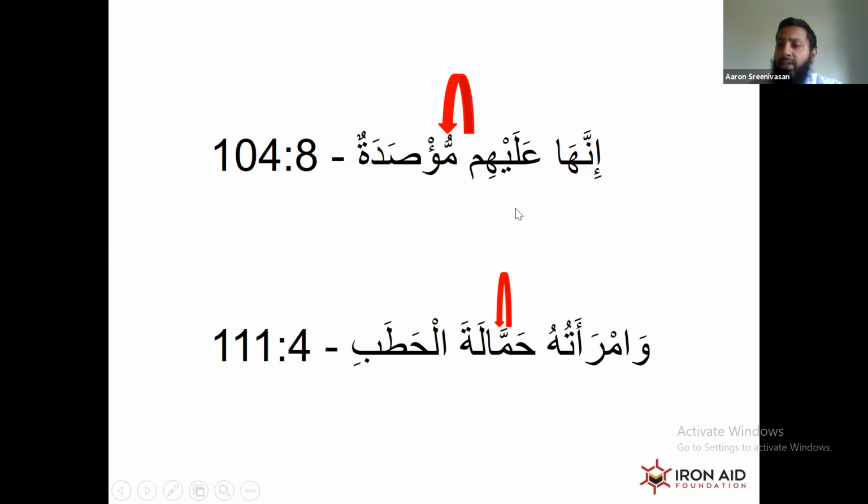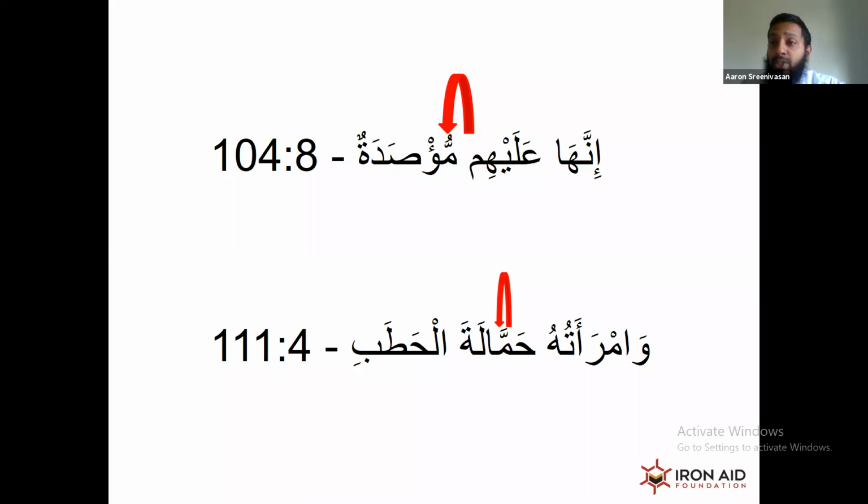And a very short side point. We talked about idgham previously and we said that we had two categories of idgham: idgham with ghunna, with the nasal sound, and idgham without ghunna, with no nasal sound.